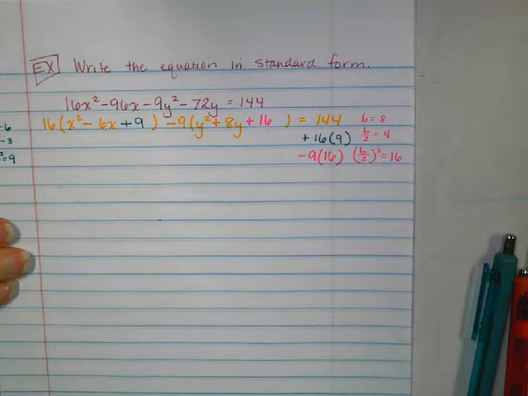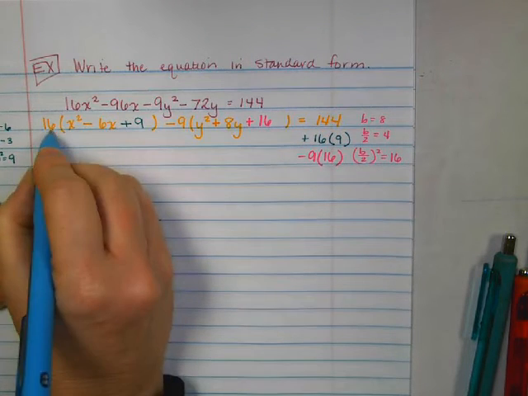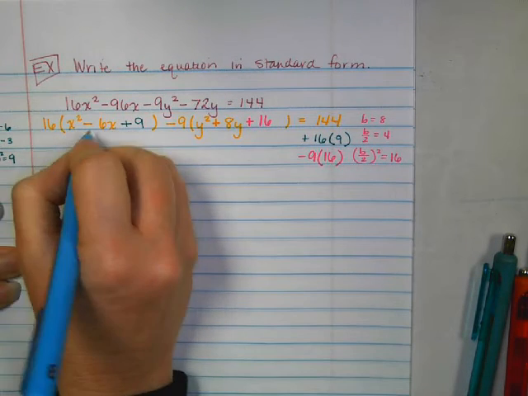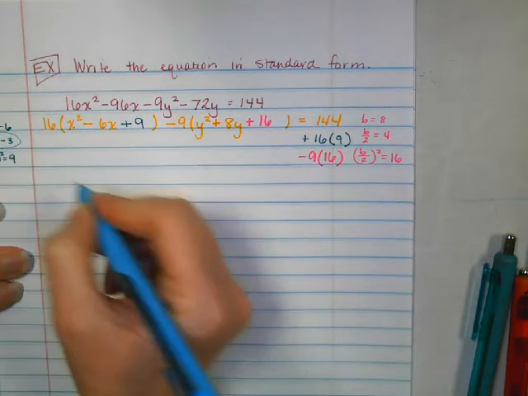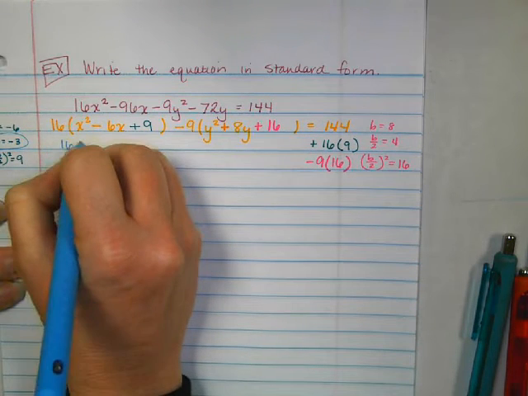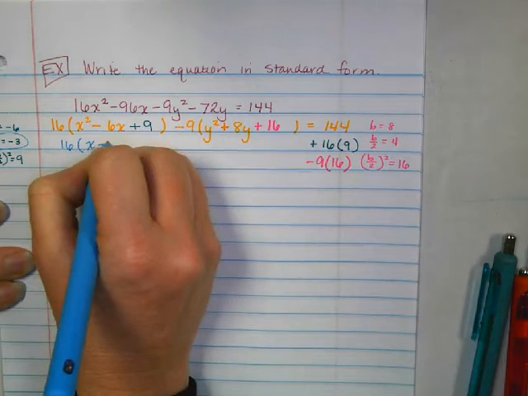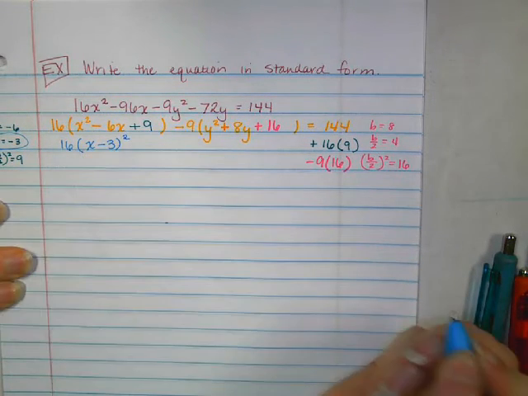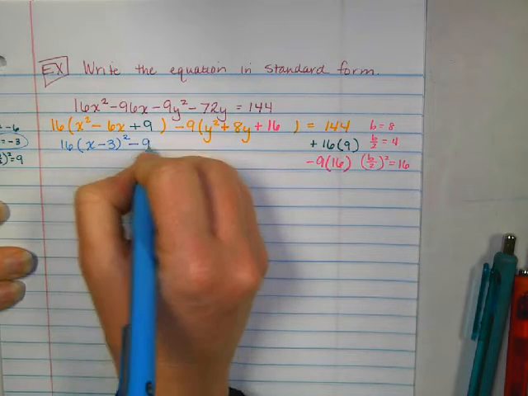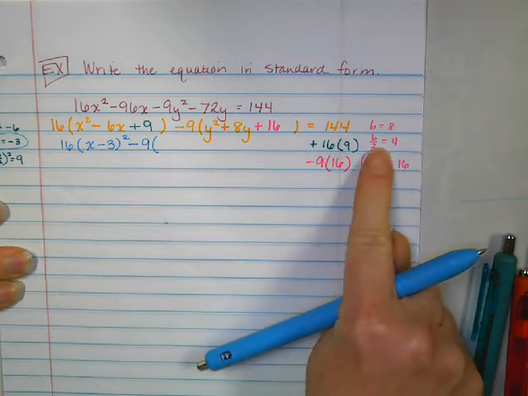Okay, so we did all of that so that I could write this using that middle term there. It's going to be 16 times (x minus 3) squared, then this piece will be that.